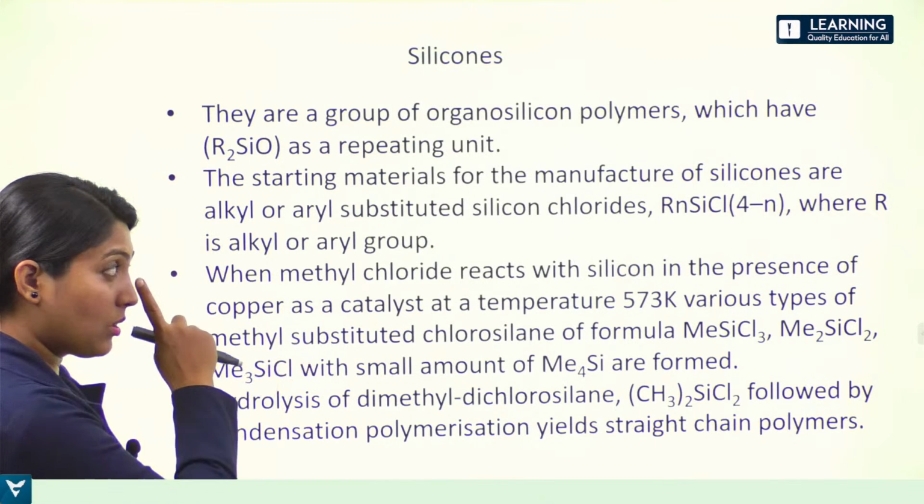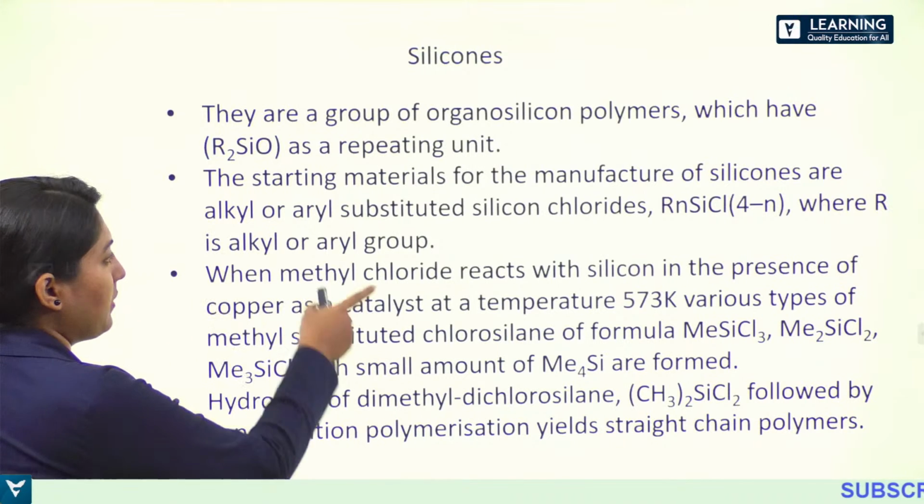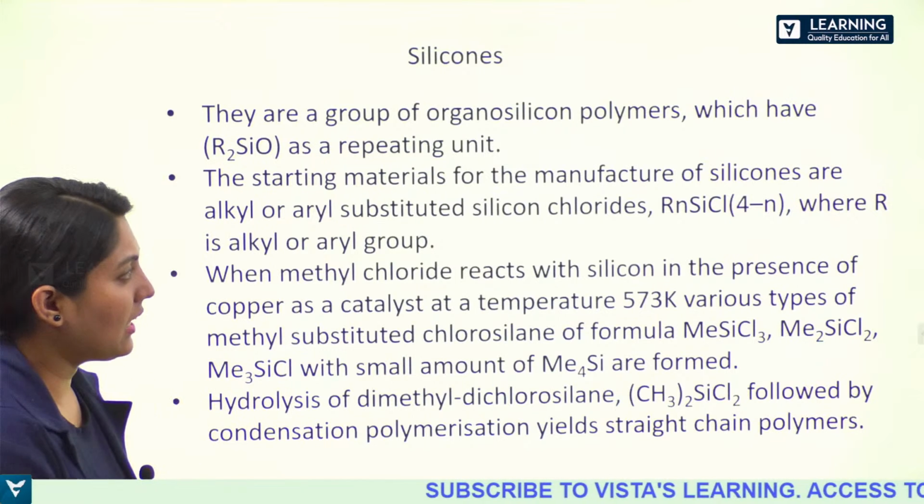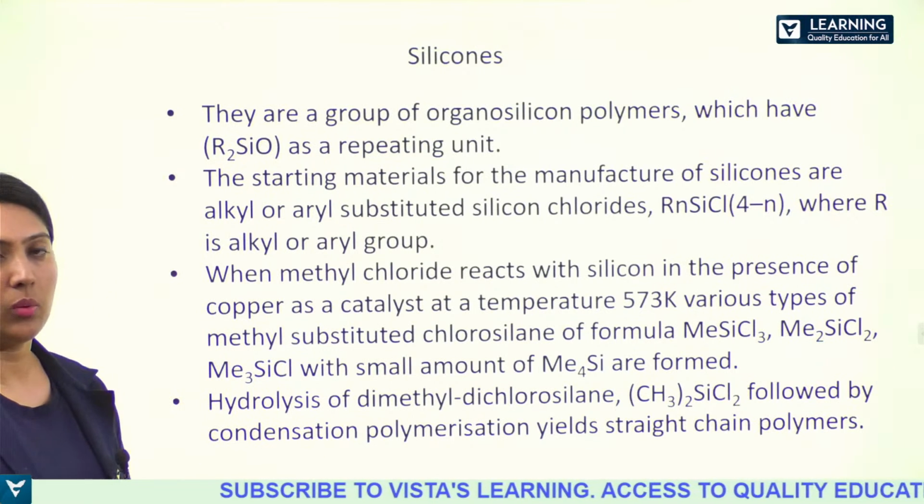So silicon chlorides can also be used, where R can be alkyl or aryl, where you have RnSiCl as a monomer.